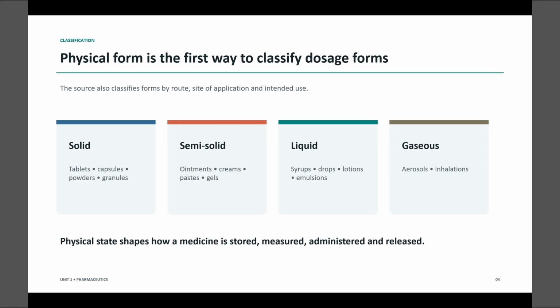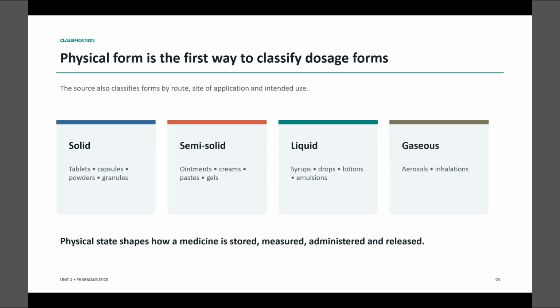Now we are going to discuss the different classifications of dosage forms. In the first category, based on the physical form, we classify dosage forms as solid, semi-solid, liquid, and gaseous. So four different forms.